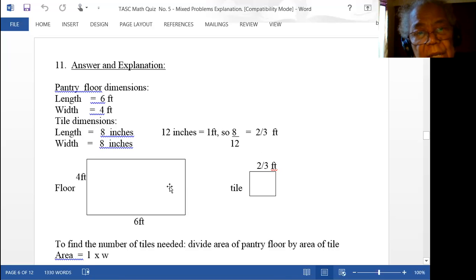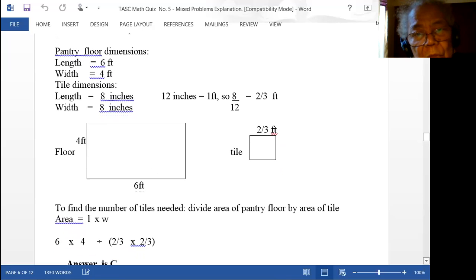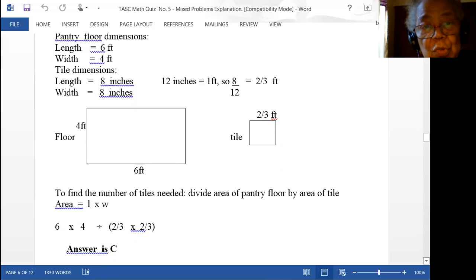Now, right here is the floor, 4 by 6. Over here is the tile, and that's a square, 2/3 of a foot by 2/3 of a foot. We want to find the number of tiles. So what we have to do is take the area, length times width, which is 6 times 4, divided by the area of the tile, which is 2/3 of a foot by 2/3 of a foot.